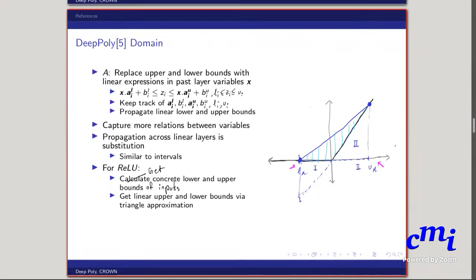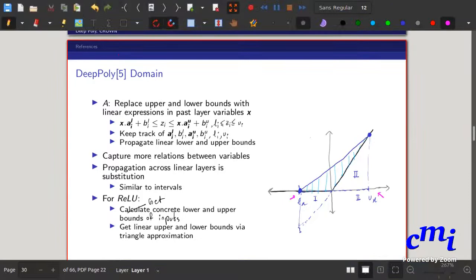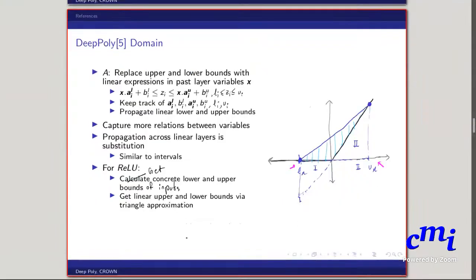So what they do here is actually an idea that I've seen referred to as a triangle approximation in other places, which is actually common to both Deep Poly, Crown, and a few other works and many other works down the line, which are based on Deep Poly and Crown as well.